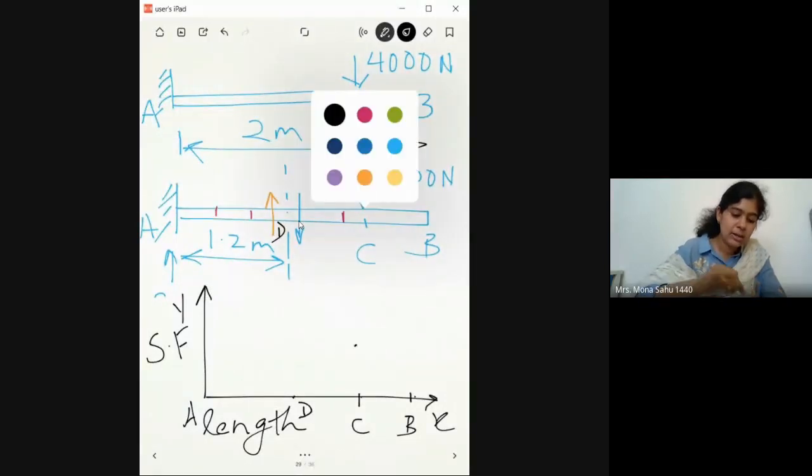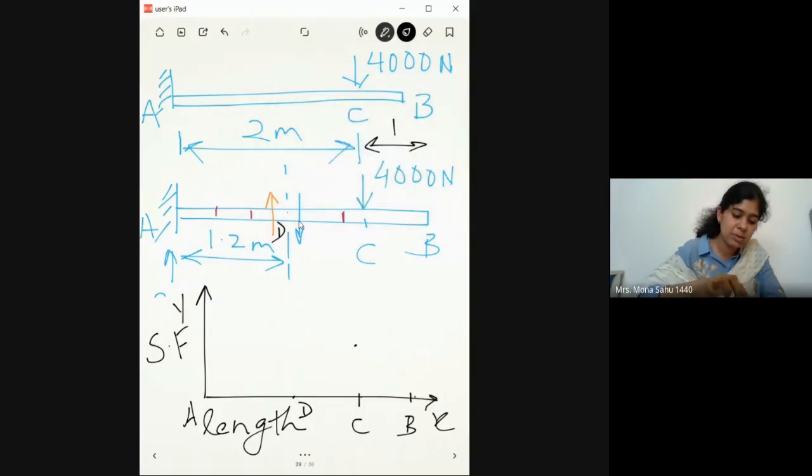At point C, you take this part. What are the forces acting on this part of the beam? It's 4,000. So you mark point 4,000 here. I'm going to name that C dash. Next is point D. When I take point D and consider only the right side of the drawing, what are the forces?